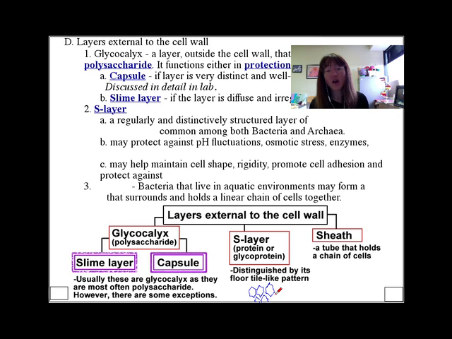And that's why this is actually going to fascinate a few of you. For example, I was thinking about Paige and Trevor and Kyle and all of you chemical engineers, maybe looking at biotech applications. But also Keenan specifically told me that he was interested in biotechnology. S layers are used a lot in biotechnology because of the evenly repeating floor tile-like pattern. They form these specifically sized pores, about 2 to 8 nanometers, and they can be used as membranes, like biomimetic membranes.